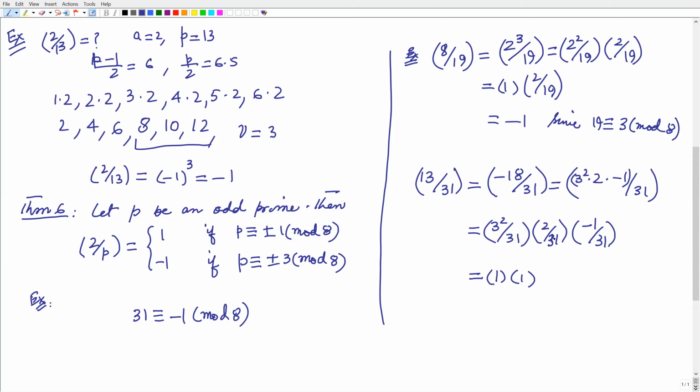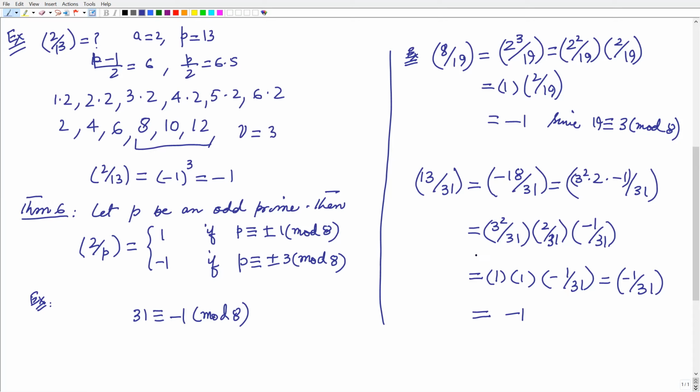So the Legendre symbol of 2 over 31 is 1, and then we have minus 1 over 31. We already discussed in the theorem from the last class that the Legendre symbol of minus 1 depends on P. So the Legendre symbol of 13 over 31 is minus 1.